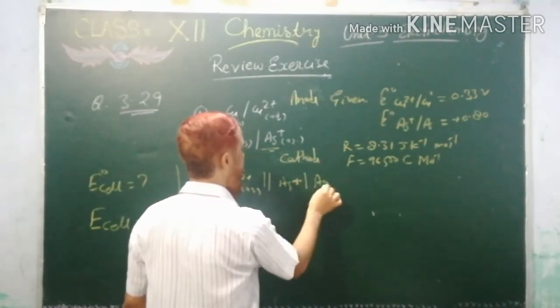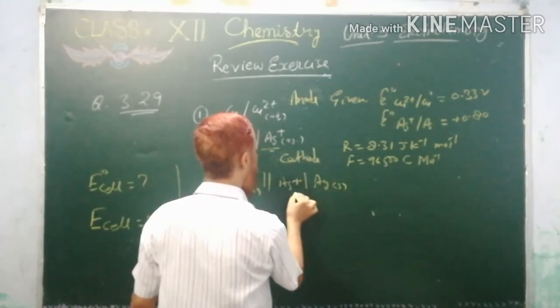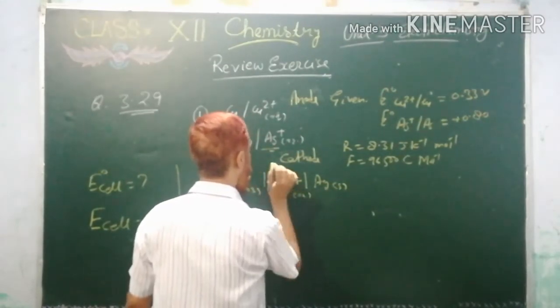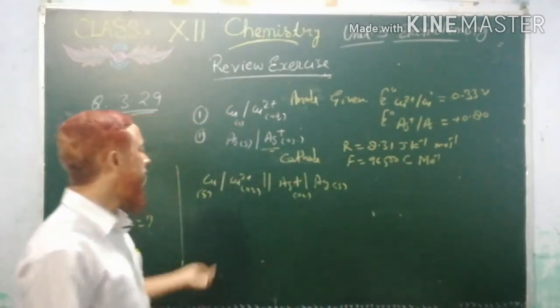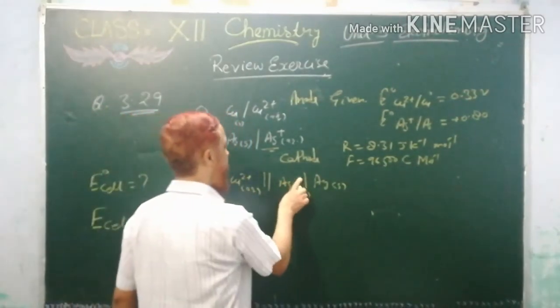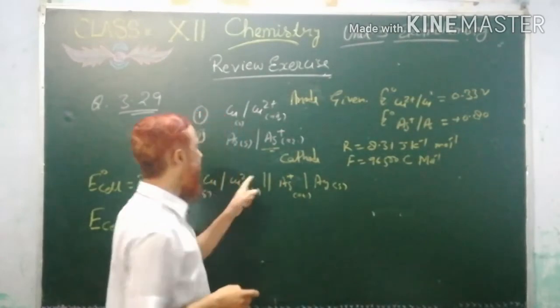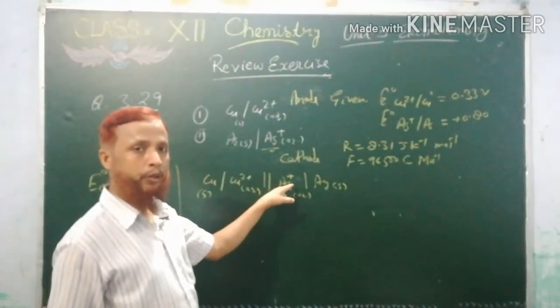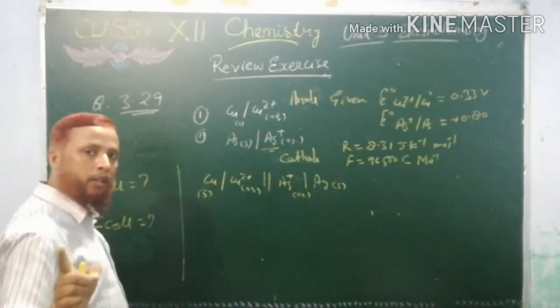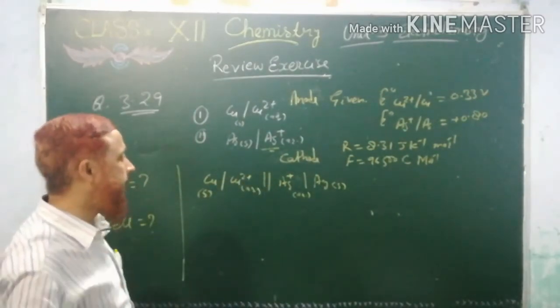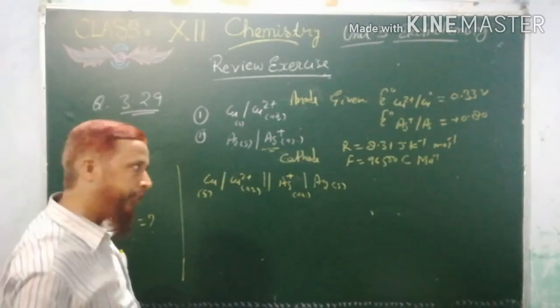This is the half cell representation, with this as aqueous and this as solid. Now the problem is solved. You have already practiced this type of question. This is the cell system where valencies are different. So to find the EMF of the cell, you will use the concept for when the valencies of the ions are different, C1 upon C2.